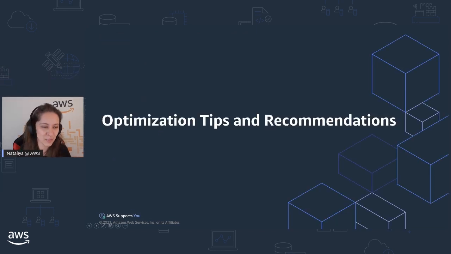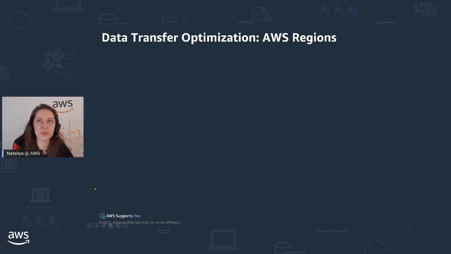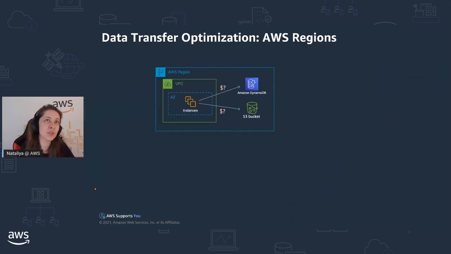Yeah, great. Essentially, the last section in the presentation was around optimization tips and some recommendations. I hope a lot of you will find this information useful on how to optimize your usage, specifically data transfer related. First, I wanted to talk about some tips around transferring data within an AWS region between different resources.